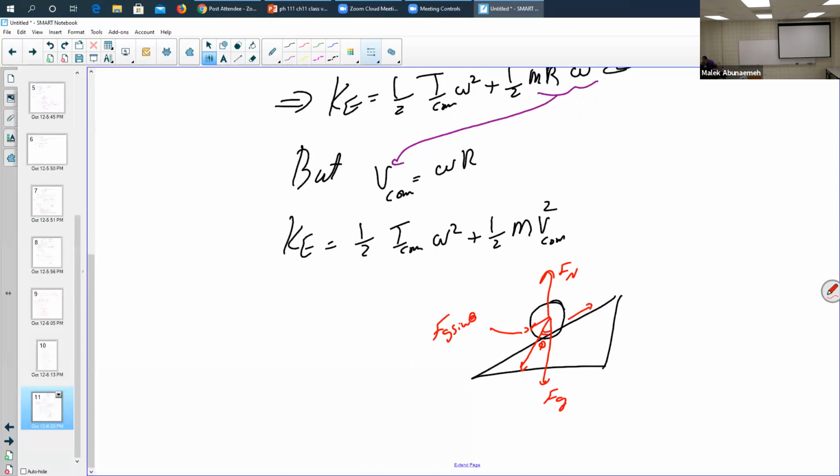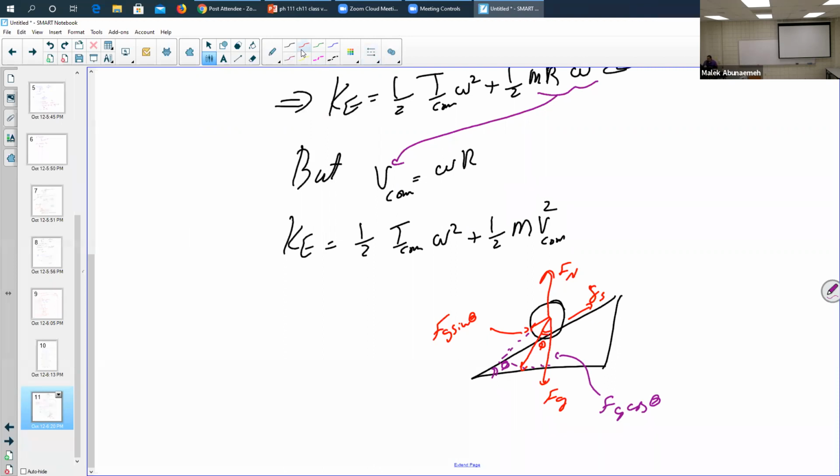And of course, your Fs, your friction, is going the other side. That means this one over here is Fg cosine theta. Again, this is a convolution between both the lines, where this is your theta over here.